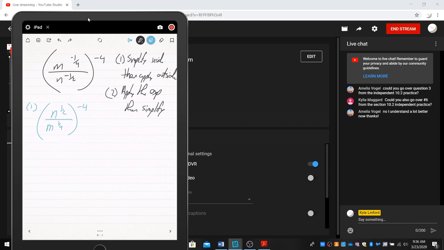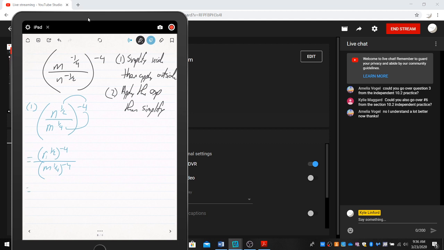Once we're confident that it's fully simplified, we can apply the negative 4 to each of these. So n to the 1/2 power times negative 4, and then m to the 1/4 power times negative 4.